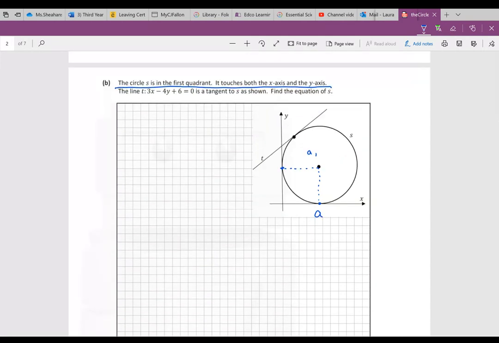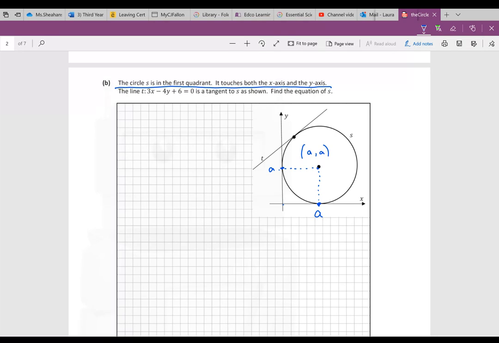Now remember that it's a circle, so the distance from the circle to the center is always the same. If the distance from here to here is A, then this also has to be A. You could use any letters, you could use X and Y. If the circle touches both the X and the Y axis, then the value of the X and the Y for the center has to be the same.